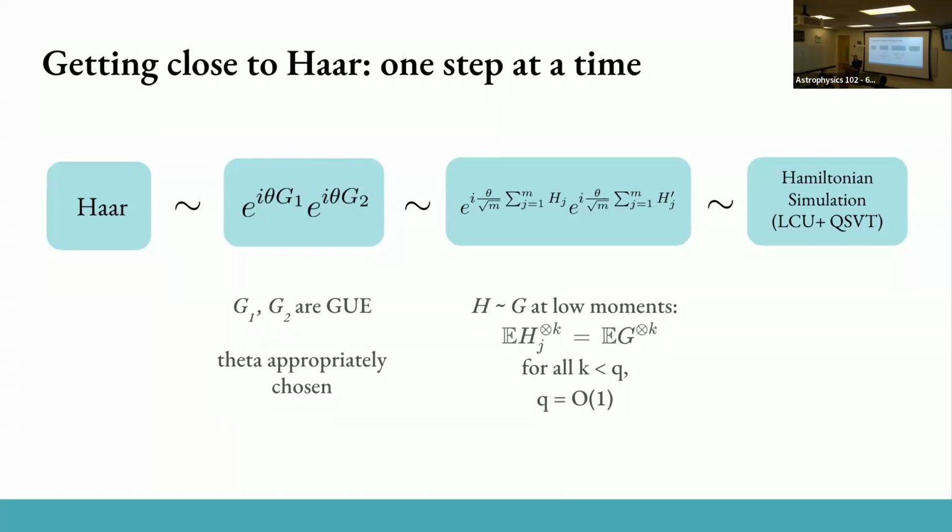Here, do the H phases need to be local? Can they just be products of Paulis on neighboring sites?